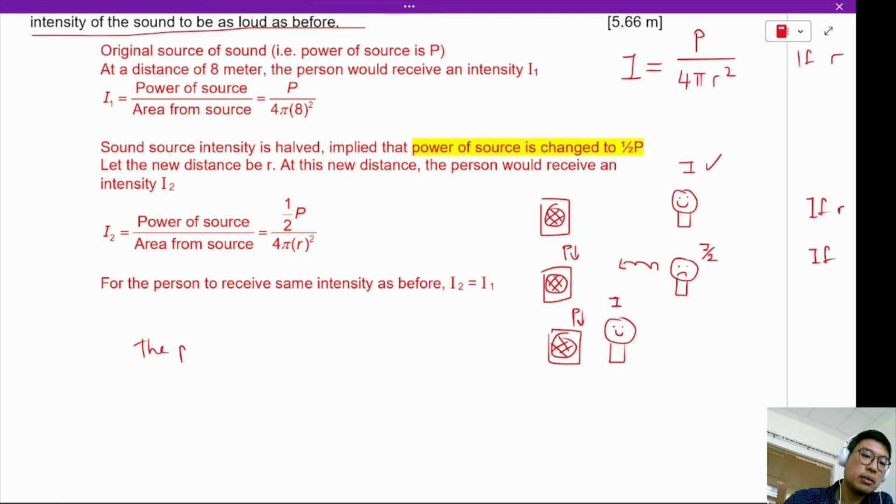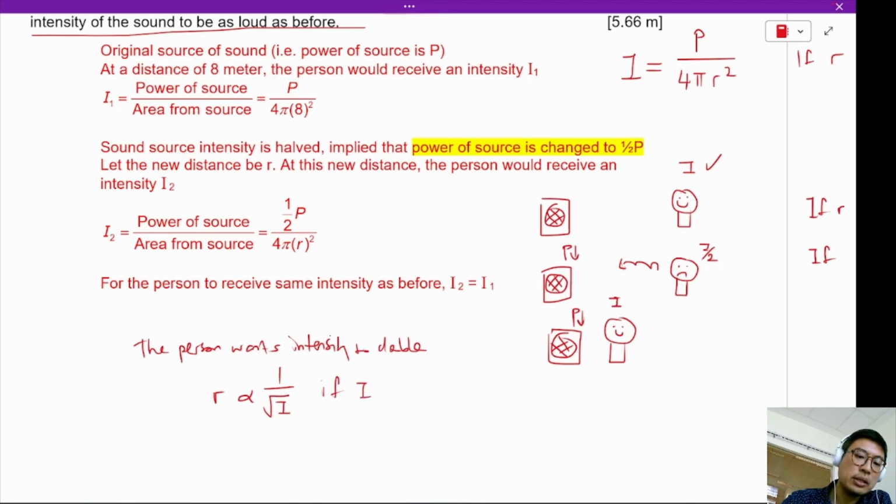So basically the person wants the intensity to double. Now, what is the relationship between the distance and the intensity? So the distance will be proportional to 1 over square root of intensity.